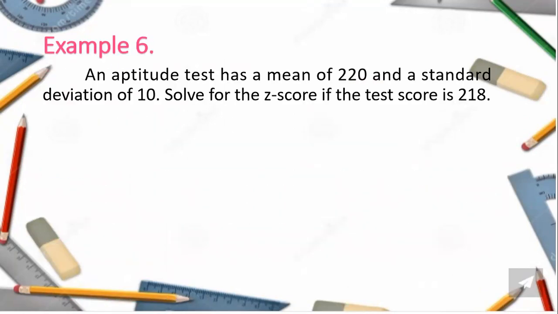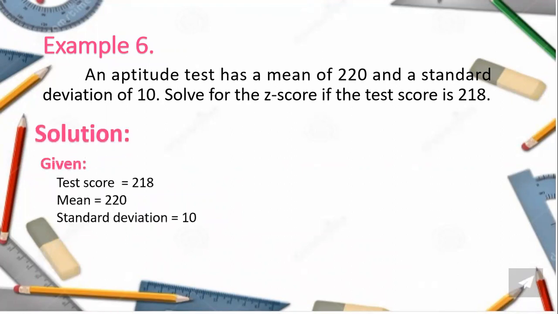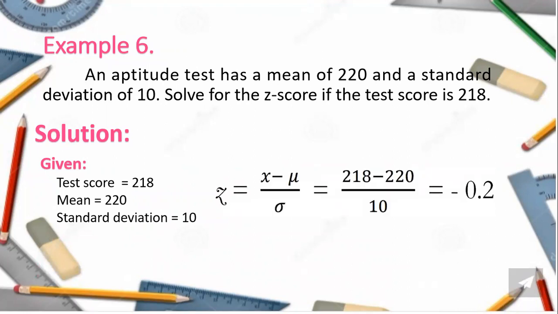Another example, an aptitude test has a mean of 220 and a standard deviation of 10. Solve for the Z-score if the test score is 218. From this given problem, the test score is equal to 218 with a mean of 220 and a standard deviation of 10. Solving for the Z-score, we just substitute the given values to the formula, and we get a Z-score of negative 0.2.